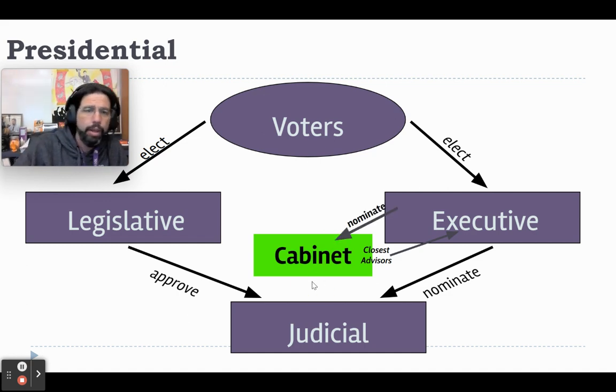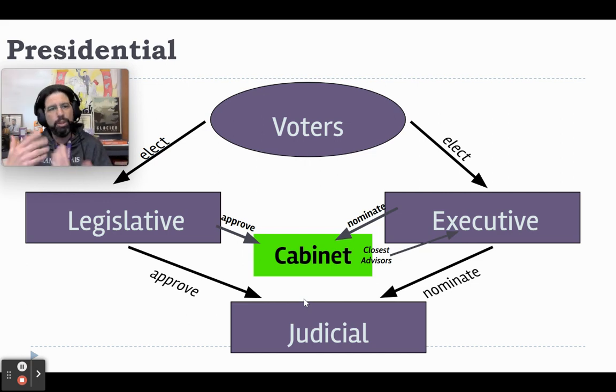There is a little bit of compromise, though, to get cabinet members that are not too radical, and that is that the president actually nominates members to be a part of the cabinet, and your legislative branch must approve members of the cabinet. So there has to be some kind of compromise there to get people that aren't going to be too far left or too far right, depending on who's in power in the presidency.